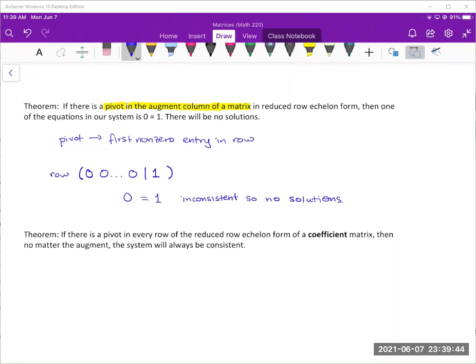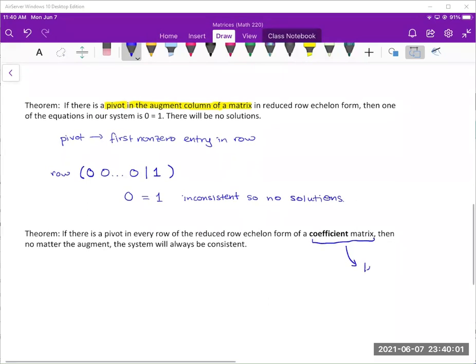All right. Great. Our second theorem says that if there's a pivot in every row of the reduced row echelon form of a coefficient matrix, the coefficient matrix, remember, is the columns that are left of our augment, and no matter what our augment is, the system is always going to be consistent.